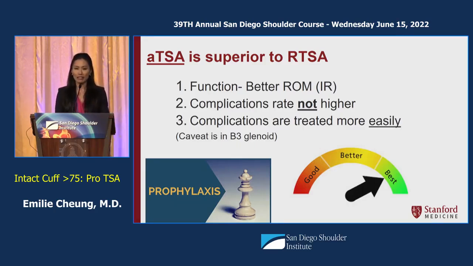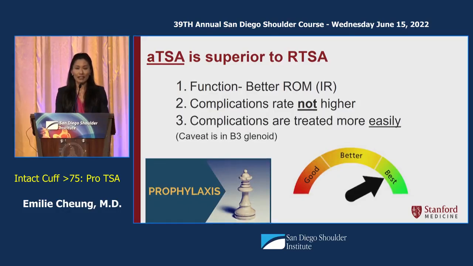We'll talk more about that later. And lastly, the complications with anatomics are treated way more easily than those complications that you might experience with a reverse. And the caveat, of course, is the B3 severely deformed glenoid. I think that we would all agree that reverse is a better option in those.